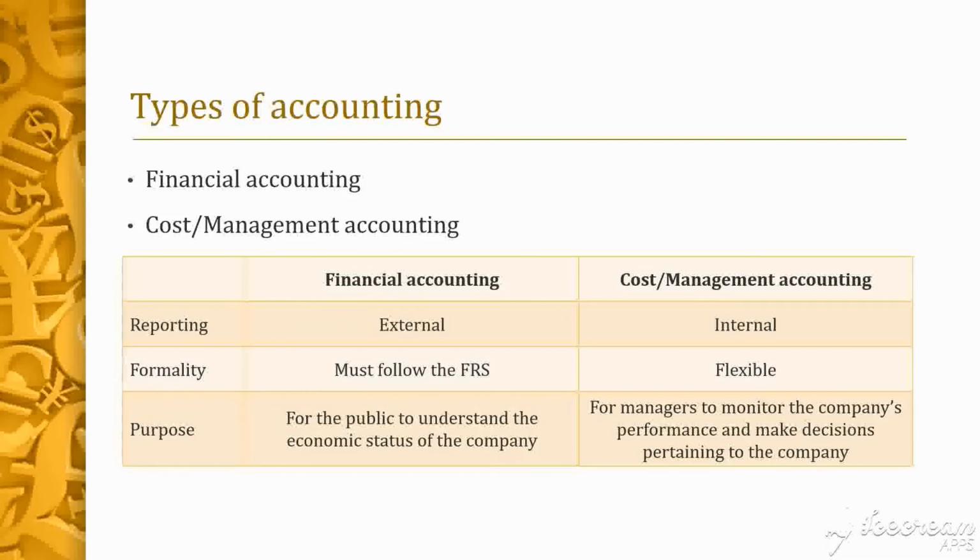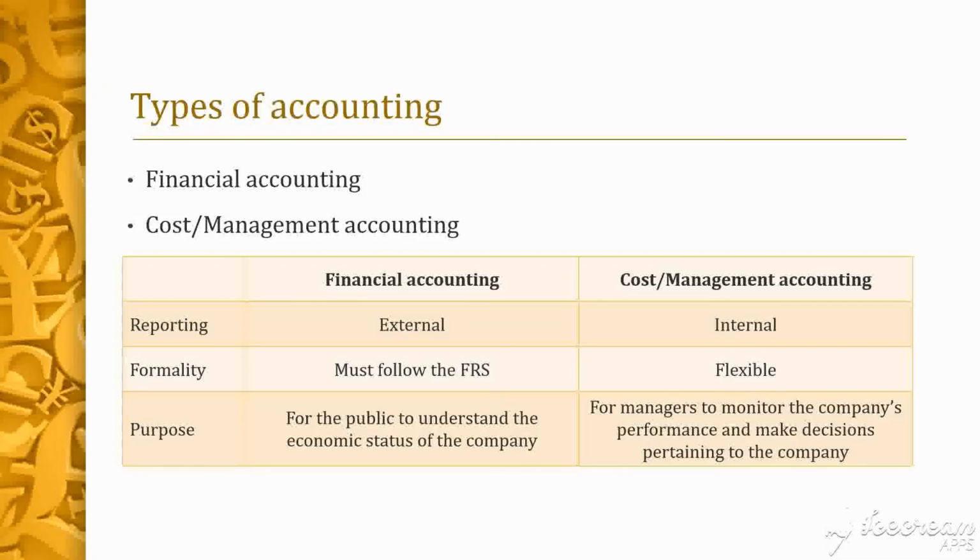On the other hand, cost management accounting helps the manager monitor the company's performance and make decisions pertaining to the company. Some of the decisions may include whether to drop a product line, to start selling a new product, how to minimize costs, how to improve sales, or even how to make the best use of excess funds and others.